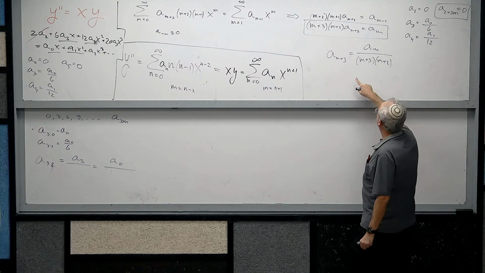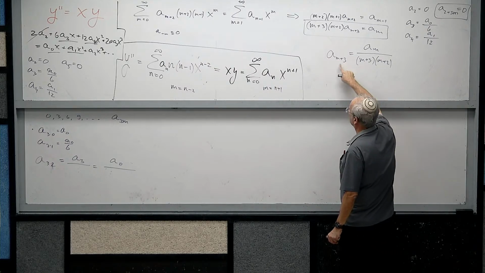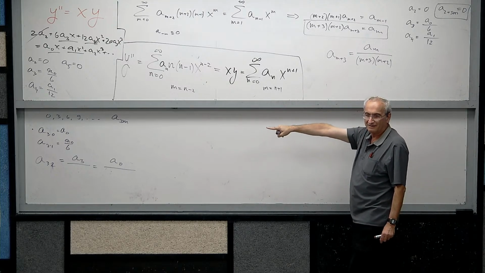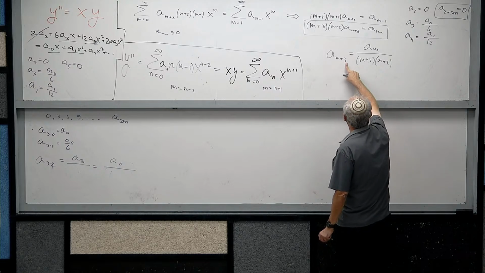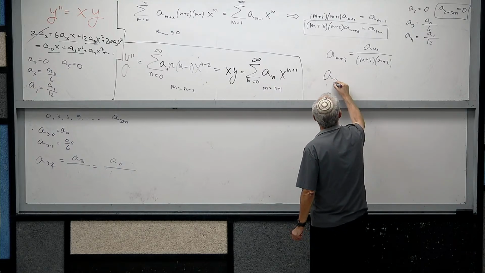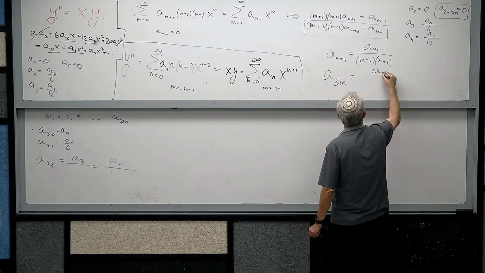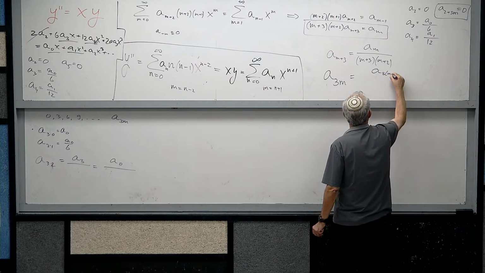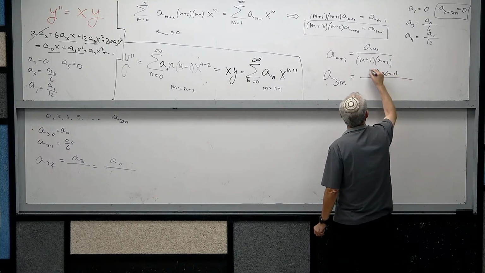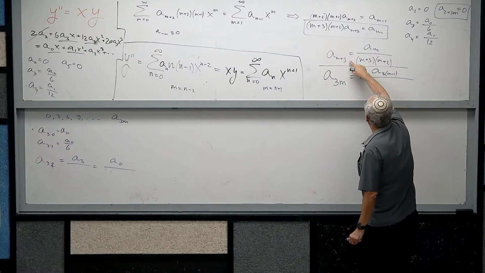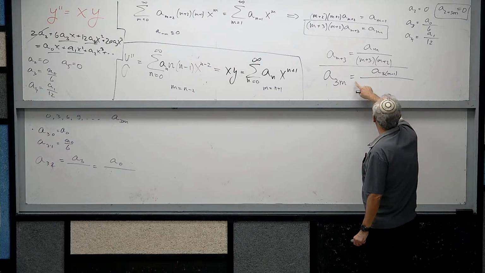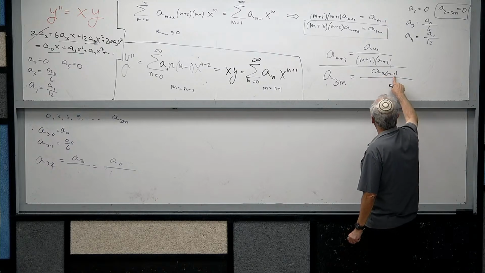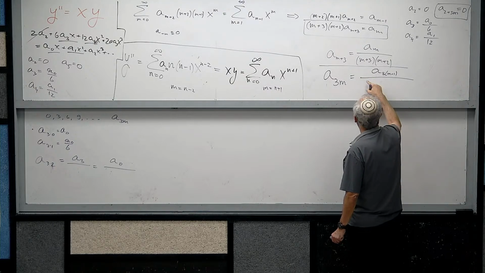Yes? Because here, okay, I use the m here and the m there are not the same thing. Sorry. This is m plus 3. So a3m is a3m minus 1 divided by, I mean, this is a different representation of the recursion relation. Okay? A3m is a3m minus 1 divided by what?